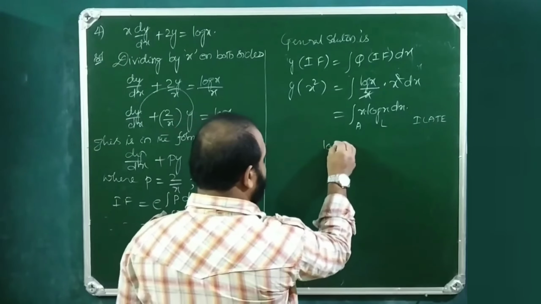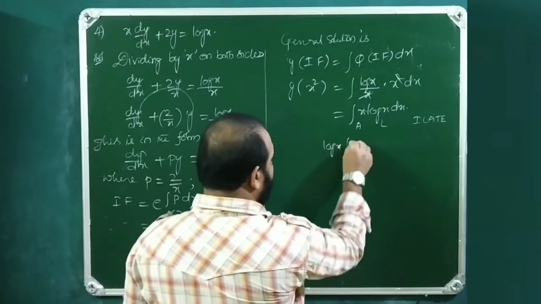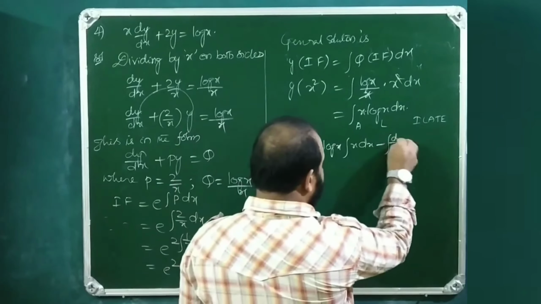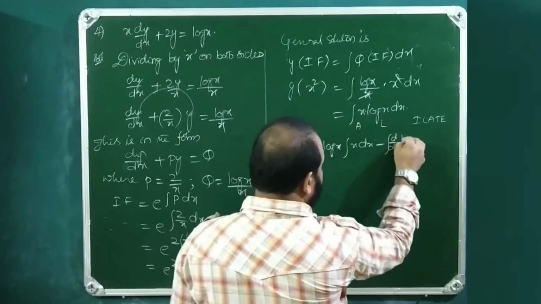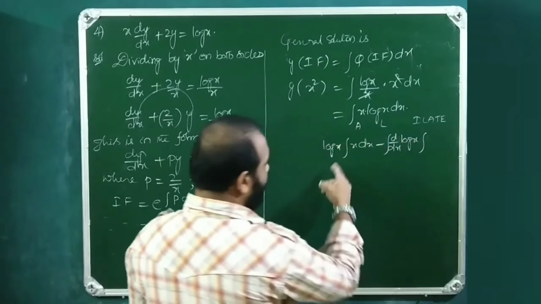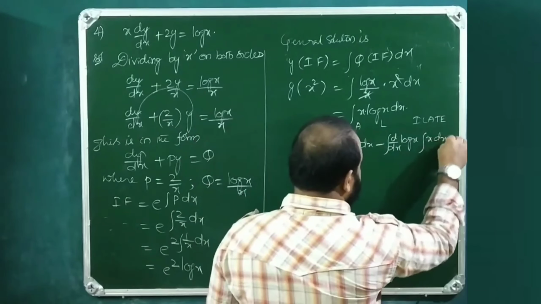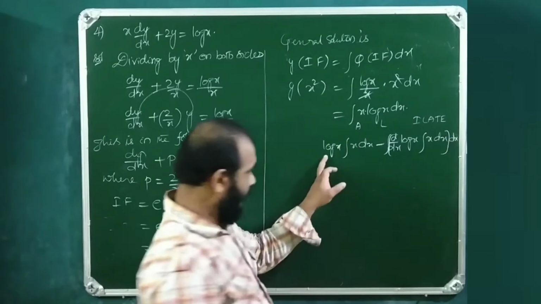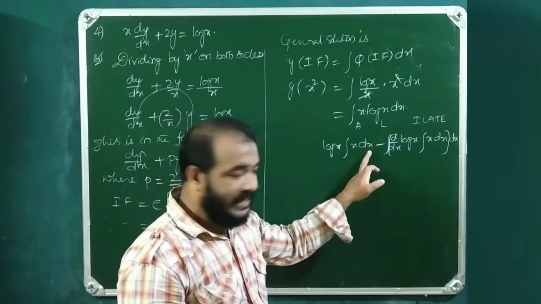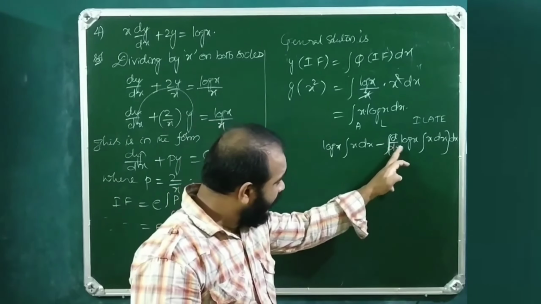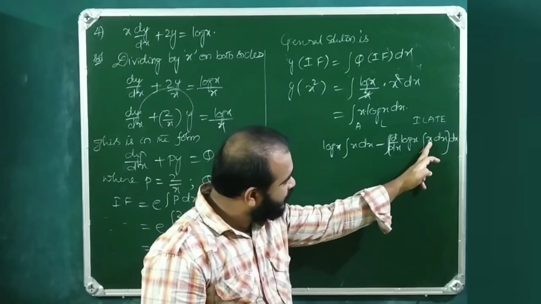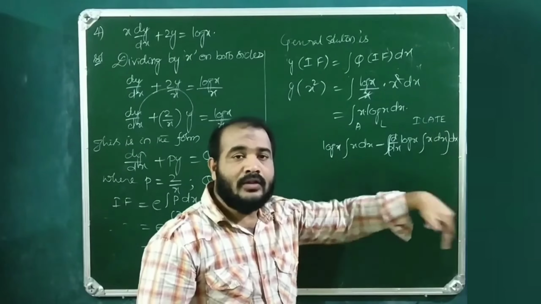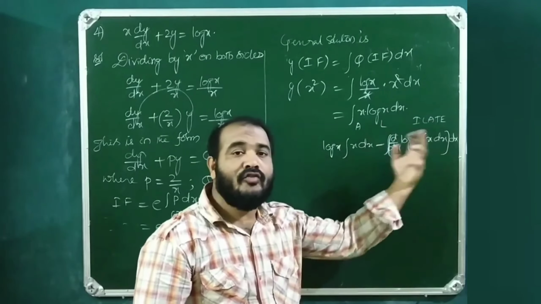So it is the first function into integral of the second function dx, minus integral of d by dx of the first function into integral of the second function dx, whole dx. That is, f of x into integral of g of x dx minus integral of d by dx of f of x into integral of g of x dx, whole dx. This is integration by parts, used when the integrand contains the product of two functions.